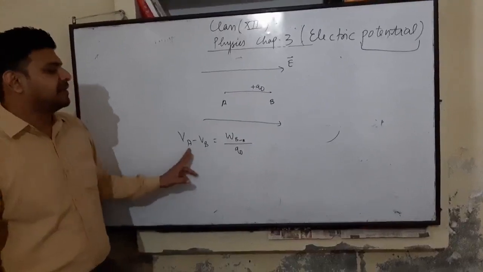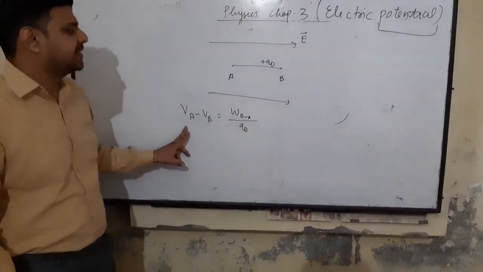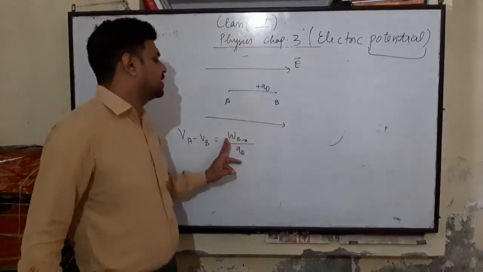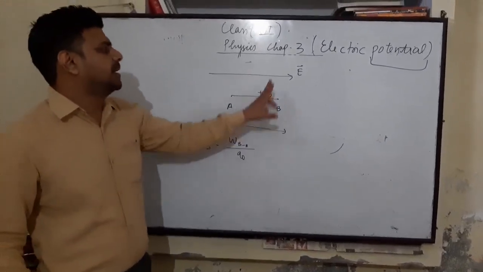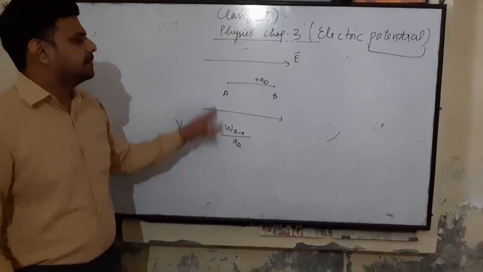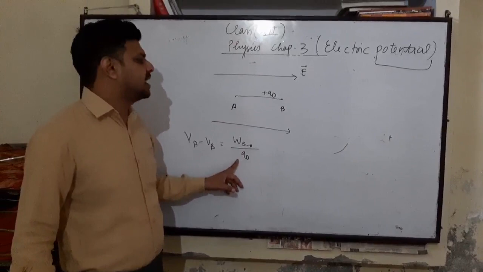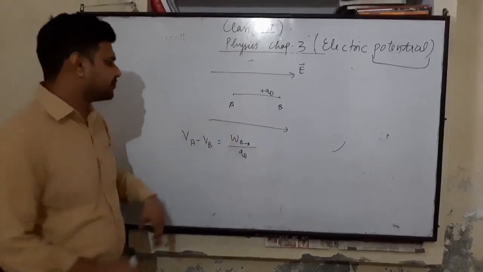So the potential difference between 2 points inside an electric field is defined as the work done by an external agent in bringing a unit positive test charge from point B to point A.